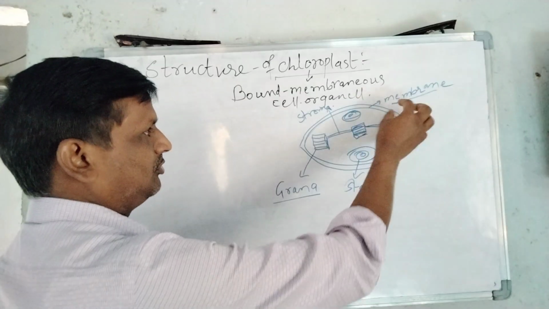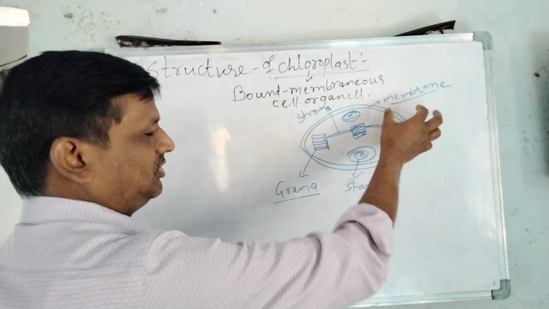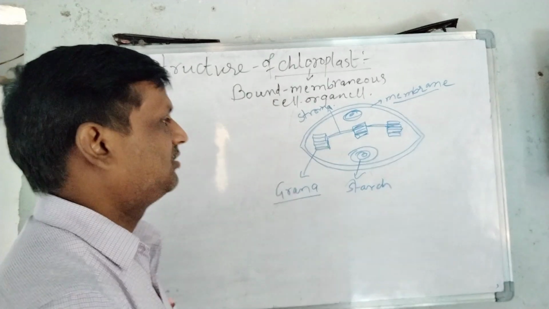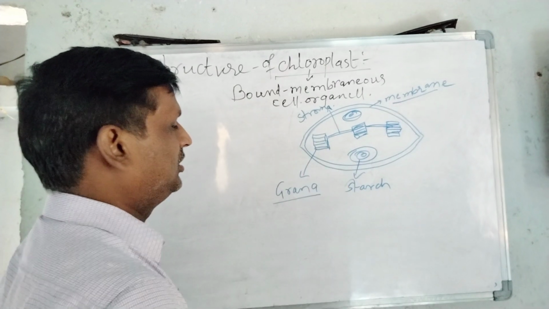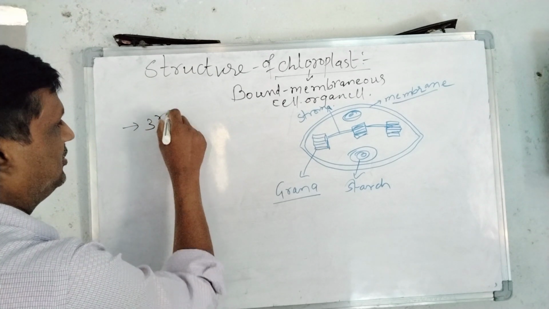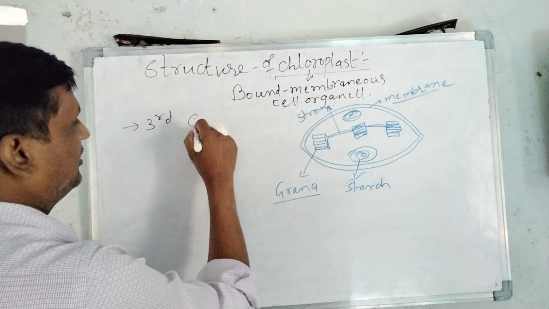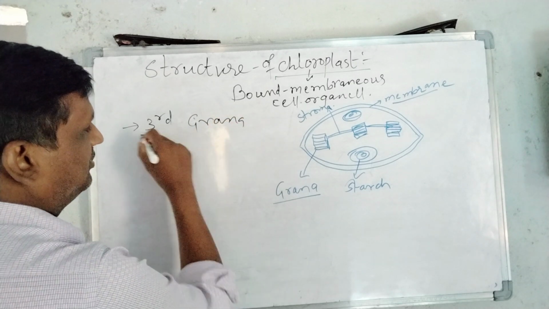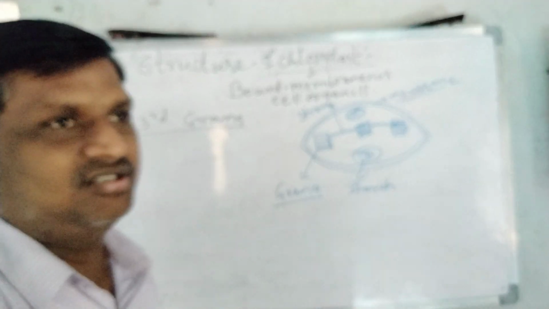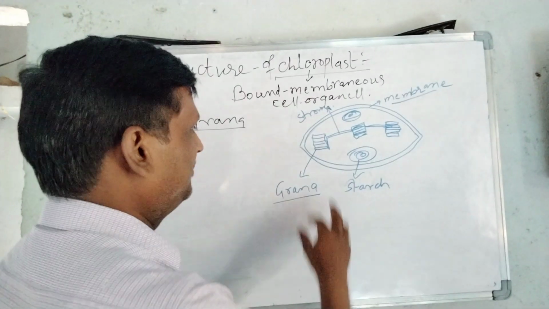The chloroplast is a bound membranous cell organelle. See here, there is a two-layered membrane. Inside the chloroplast, the inner third part is called grana.